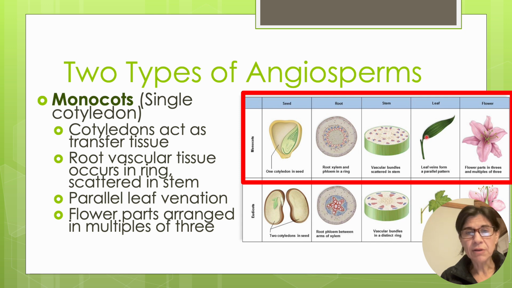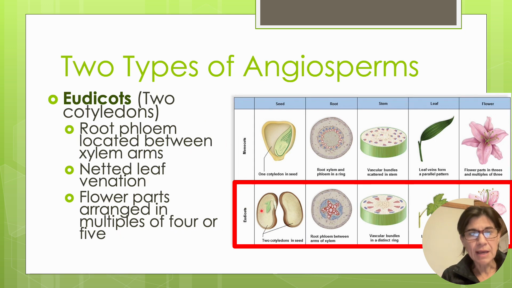In leaves, monocots' veins, which actually is the vascular tissue, those lines are parallel. So if you've ever looked at a blade of grass, those little lines along the leaf of the grass, they're parallel. That's because it's a monocot. And then the flower parts are in multiples of threes.